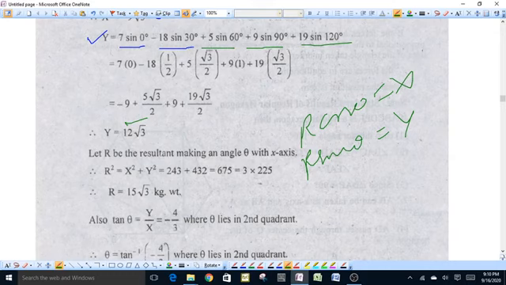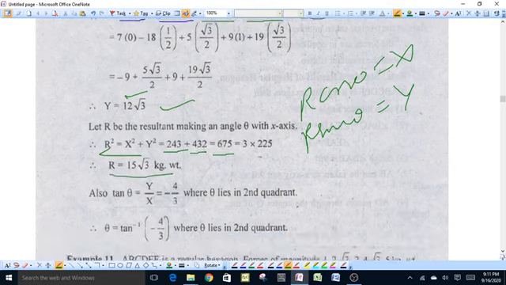After squaring and adding, we get R square is equal to X square plus Y square, which will be equal to 243 plus 432. This comes out to be 675. R will be equal to 15 under root 3 kilogram weight.